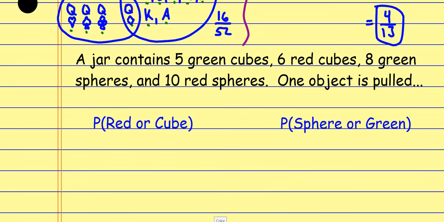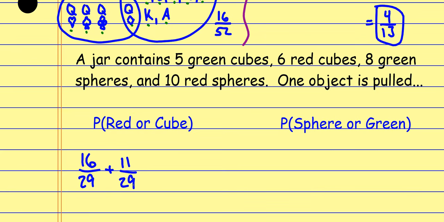So here I would say, okay, the probability of red, there are 6 plus 10, that's 16 red objects out of a total of 29. Or, so that means I add. When I look at the cubes, there are 11 cubes in the jar, out of 29.